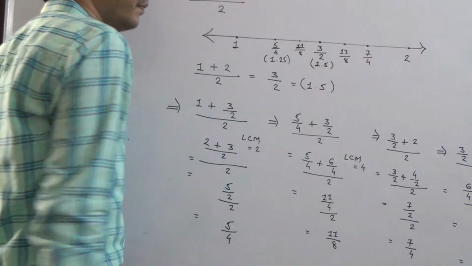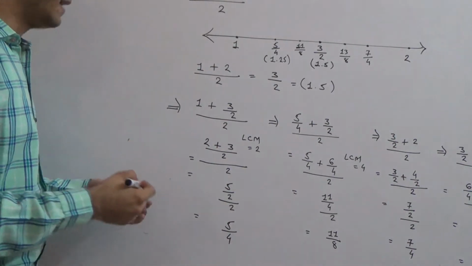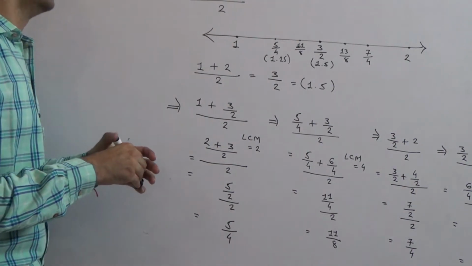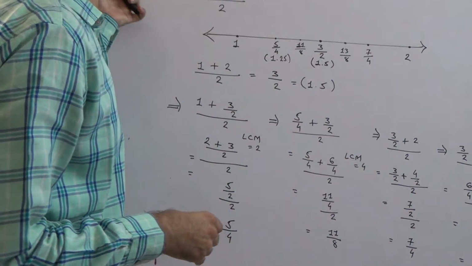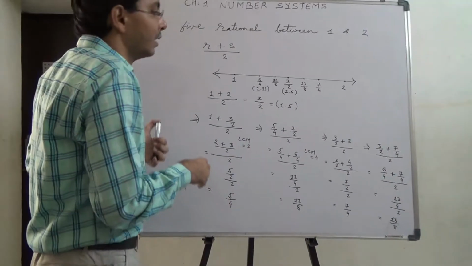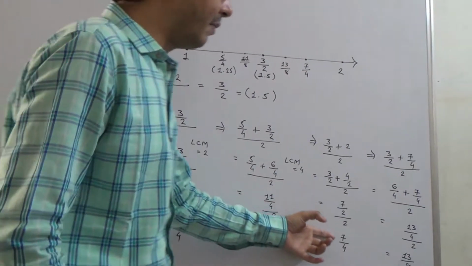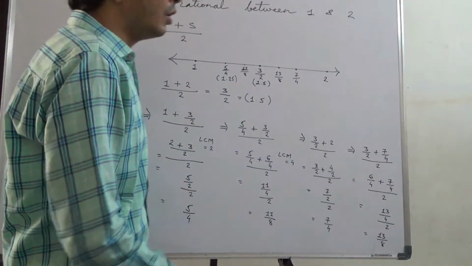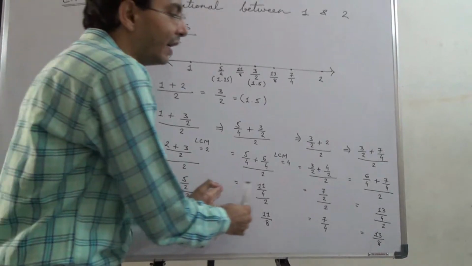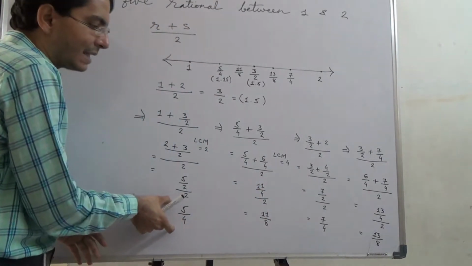So 13 upon 8. Done? So like this, this is actually the given example in your textbook, but the clarification for 5 by 4, 11 by 8, 7 by 4 and 13 by 8 is not given in your textbook, only the answer is given.